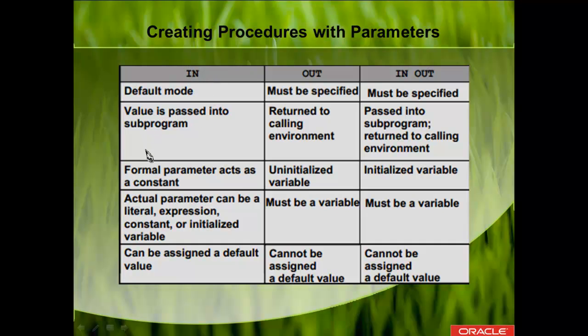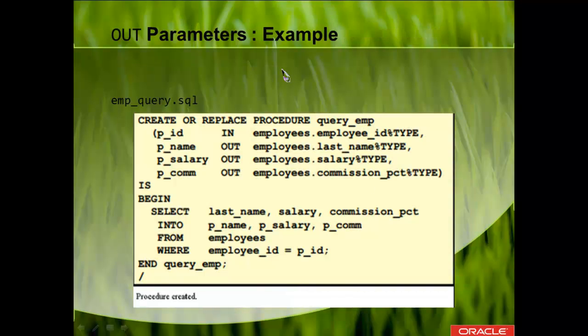The value is passed into the subprogram. The formal parameter acts as a constant. The actual parameter can be a literal, expression, constant, or initialized variable, and can be assigned a default value. OUT must be specified. It returns to the calling environment. The actual parameter must be a variable and cannot be assigned a default value. IN OUT must be specified. The value is passed into the subprogram and returned to the calling environment. The actual parameter must be a variable and cannot be assigned a default value.